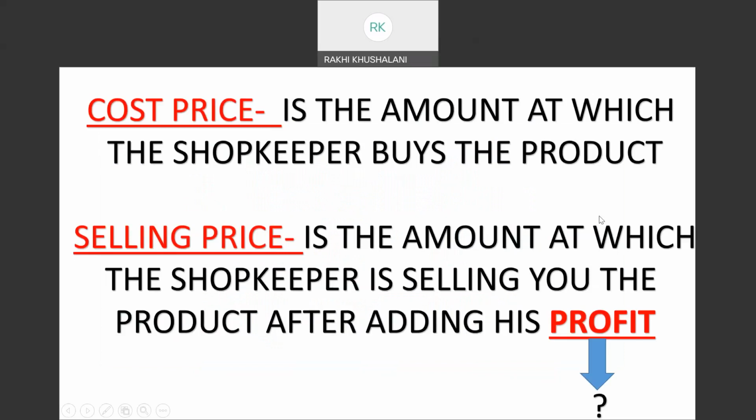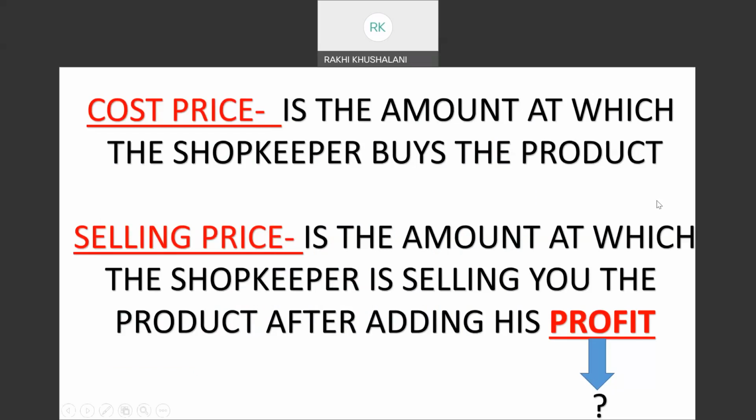We discussed cost price is the amount at which the shopkeeper buys the product. You all gave me a lot of examples: a shopkeeper, his name is so and so, bought the product for this much amount, sold the product for this much amount. So that was the selling price.